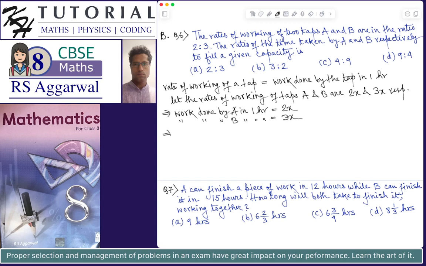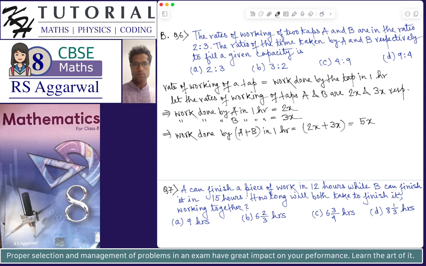So, this implies the work done by A plus B, that is when both the taps are working together, in 1 hour will be 2x plus 3x, which is equal to 5x.